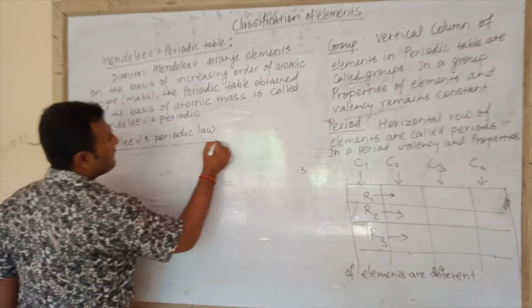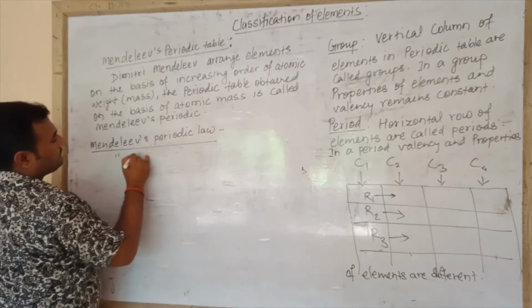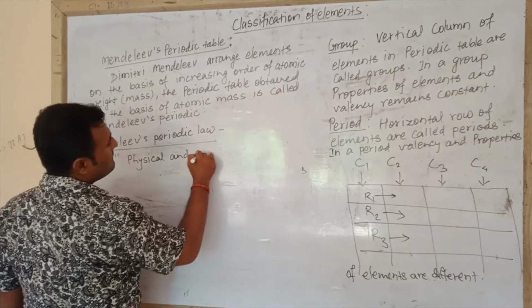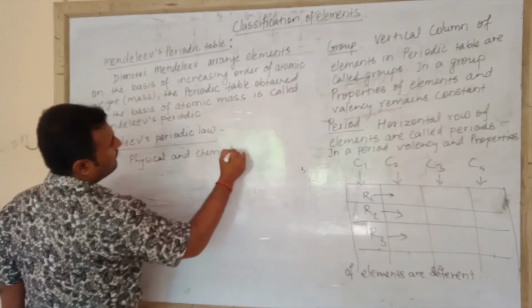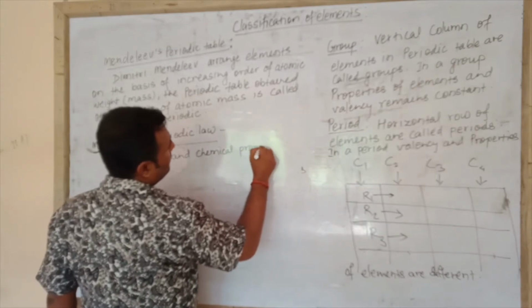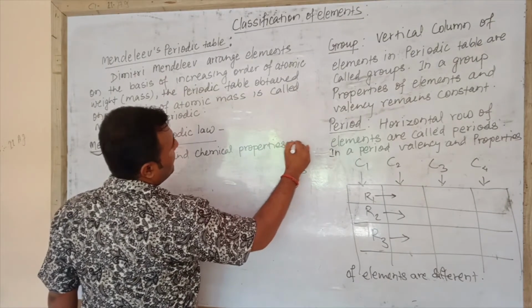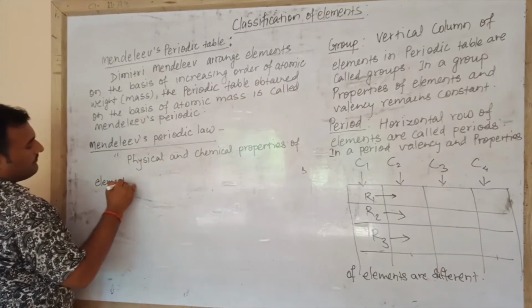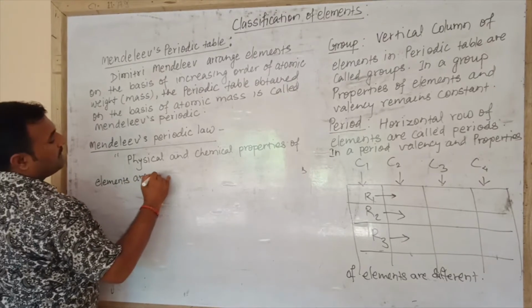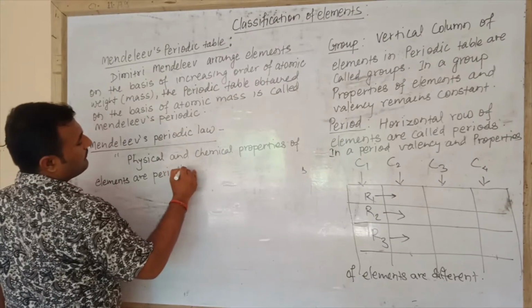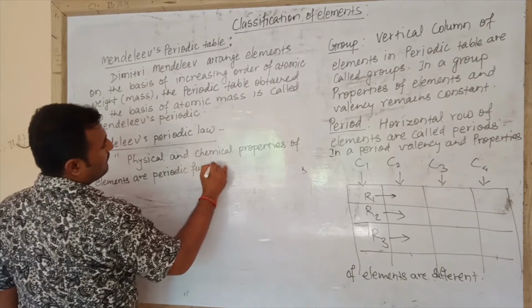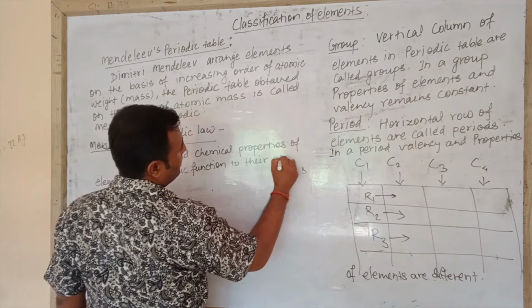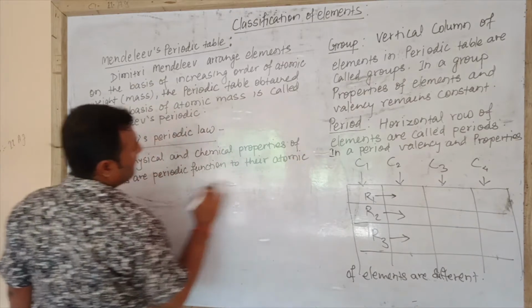Mendeleev's periodic law states that the physical and chemical properties of elements are a periodic function of their atomic mass.